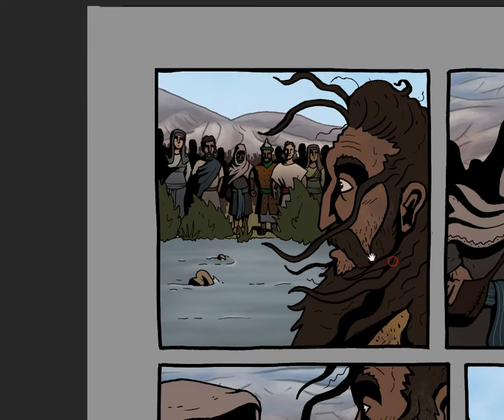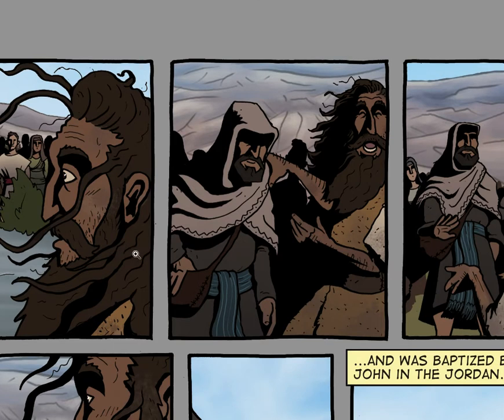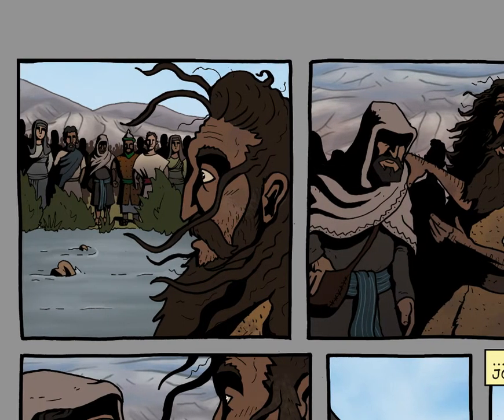Okay, let's move on. Here John greets Jesus and speaks to him, and this is where we're taking other gospel accounts for what happened and then drawing the events as they happened, using all four, not just Mark. So in Mark, as you can see, there's no text here.